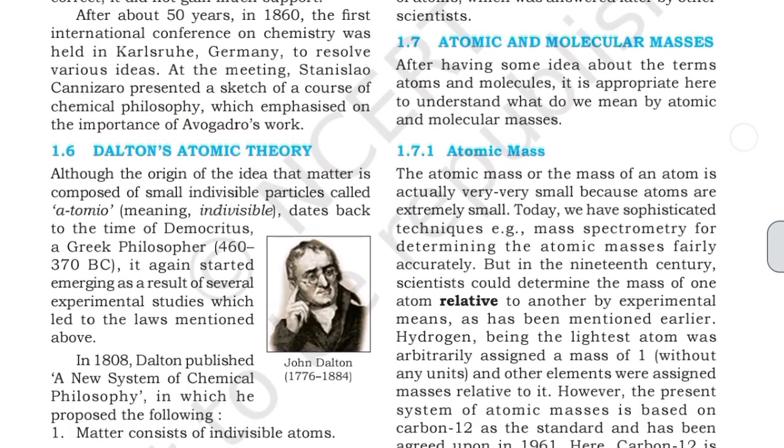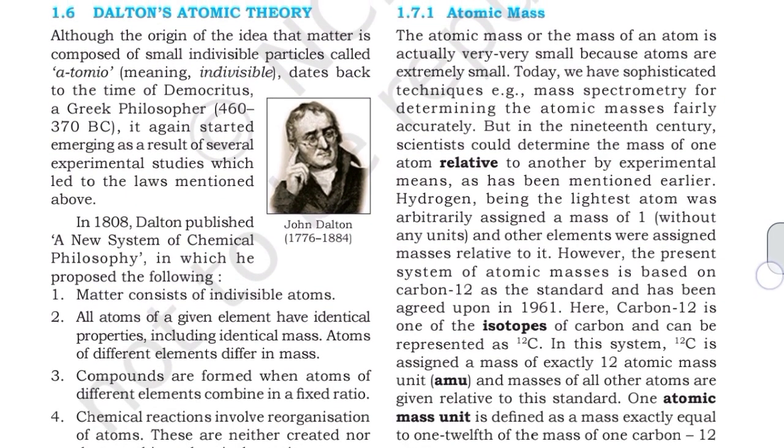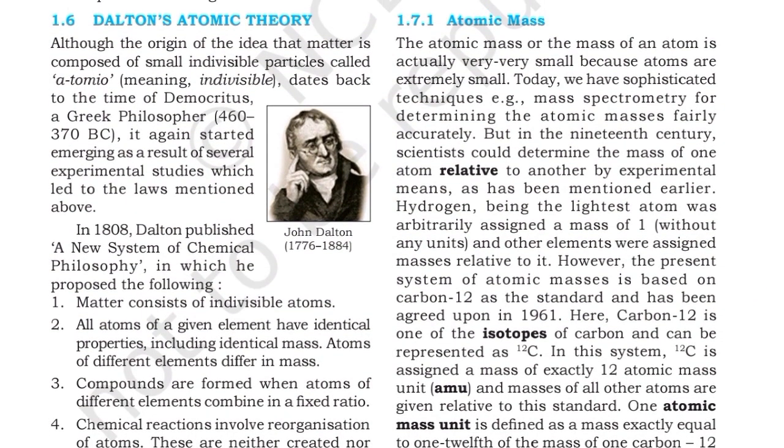Atomic and molecular masses. After having some idea about the terms atoms and molecules, it is appropriate here to understand what we mean by atomic and molecular masses. Atomic mass. The mass of an atom is actually very small because atoms are extremely small.